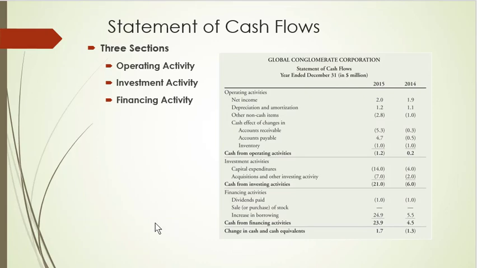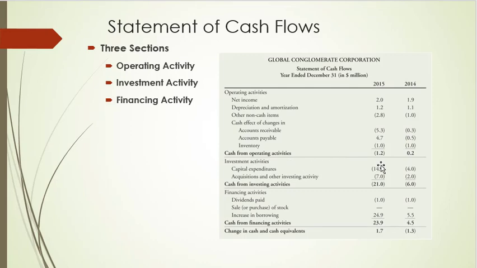The statement of cash flows is very important. There are essentially three sections that describe management's activities throughout the whole year. Operating activity: what type of cash is created running the company? It's this line item right here, cash flow from operating activities.